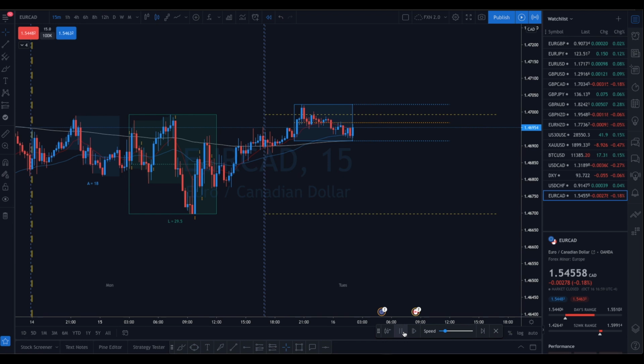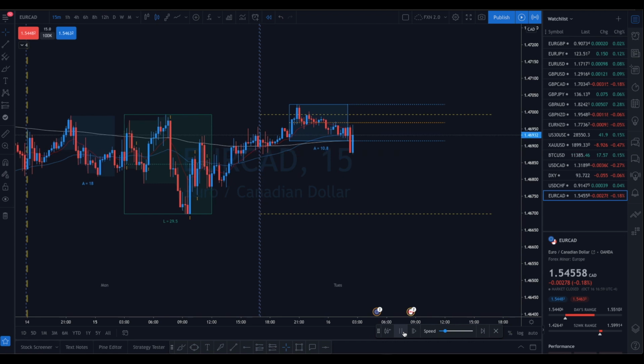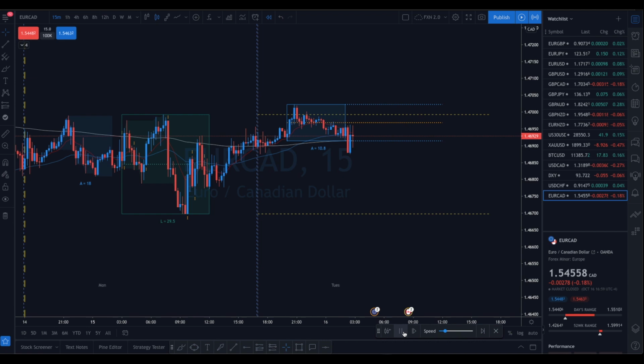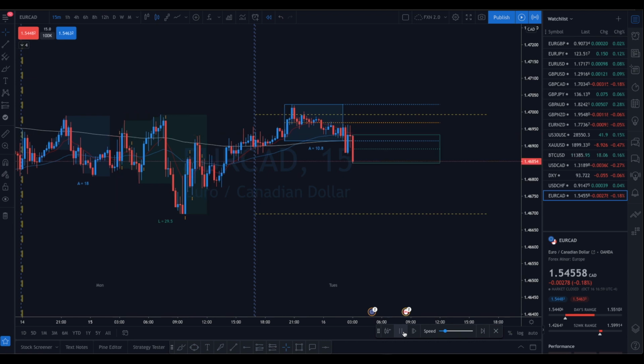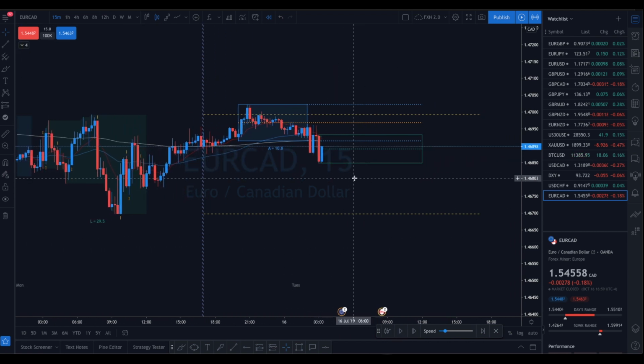Let's see if we can get any price action to essentially give us any clues. All right. Okay. So what do we have here so far?